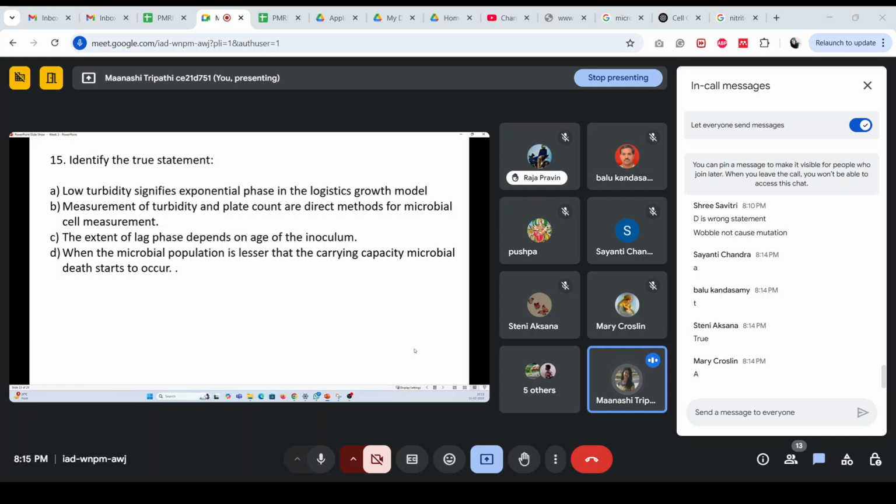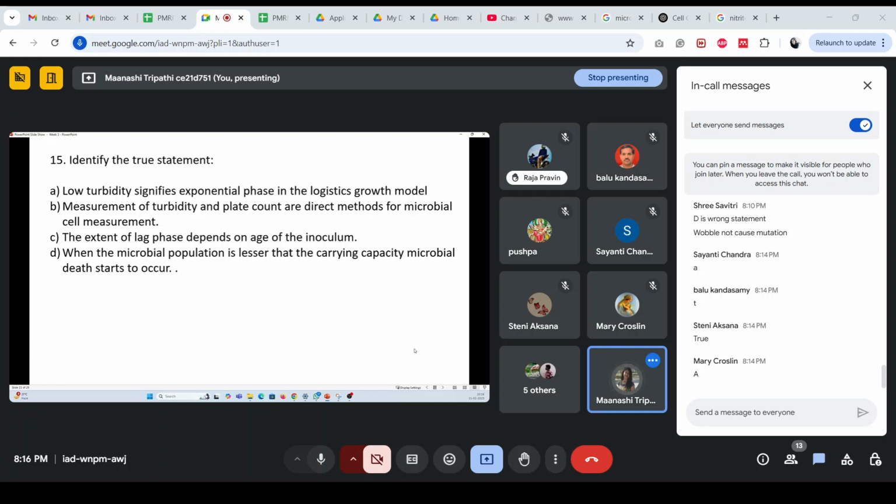Here you need to identify the true statement. Low turbidity signifies exponential phase in the logistic growth model. As you know, bacteria can be measured by using turbidity, right? It is just the correlation between the turbidity and the number of bacteria. Option A: low turbidity signifies exponential phase. Option B: measurement of turbidity and the plate count are direct methods for microbial cell measurement.